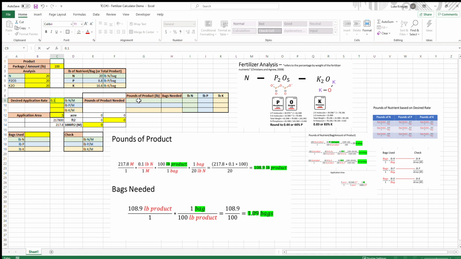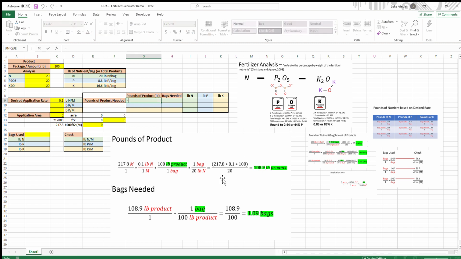So what we're first going to find out is how many pounds of product will be needed to achieve that application rate. So what we have here on the slide is showing the long form way you would calculate this amount, and what we're going to use is the after the equal sign here, we're going to look for in our calculator in our givens for these values, and we're going to input them in a form that Excel will understand.